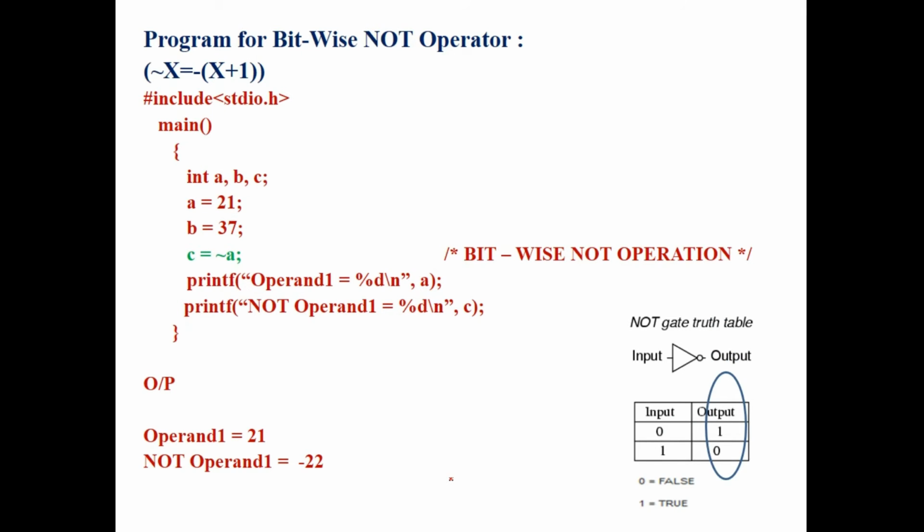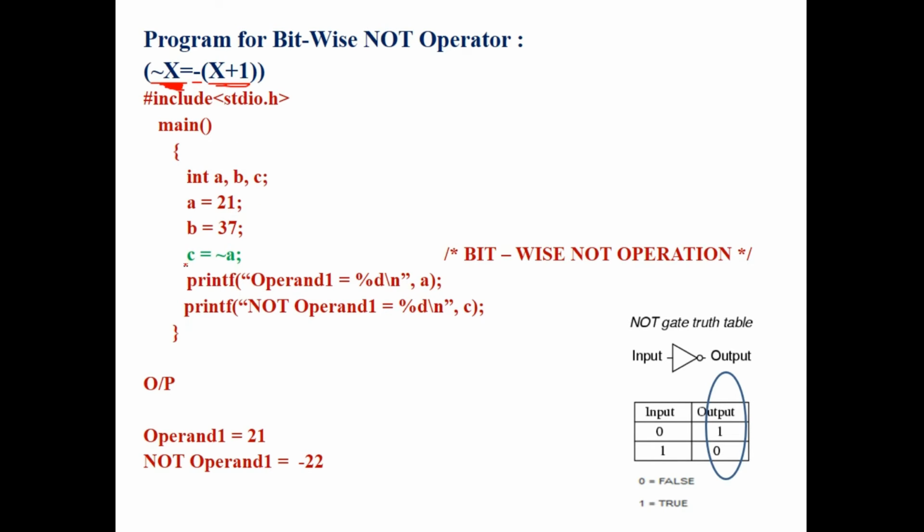The next operator is bitwise NOT. It performs the operation on a single piece of data. It is a bitwise unary operator, as discussed earlier. The bitwise NOT of any value is equal to minus of its next value.